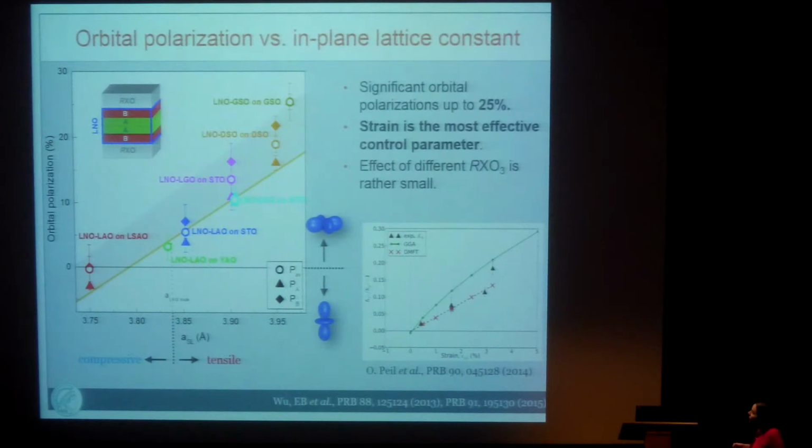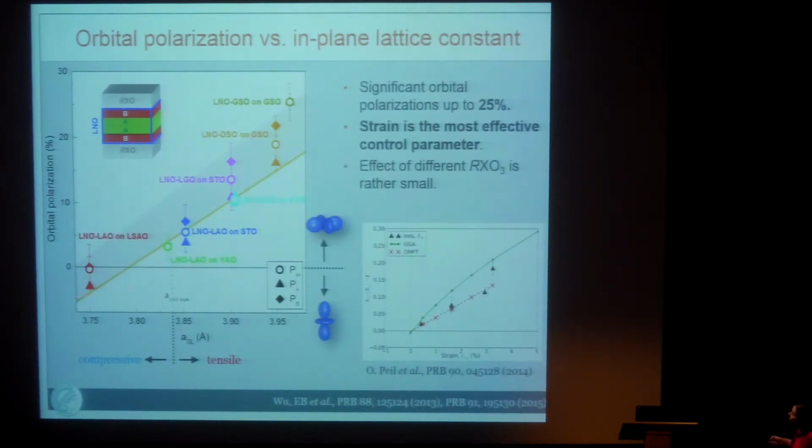The triangles denote the orbital polarization of the inner layer, which we believe is mostly affected by the strain. Both layers are affected by the strain in the same way, but in addition, the interfacial layers have the effect of confinement due to the insulating material and the different chemistry across this interface.